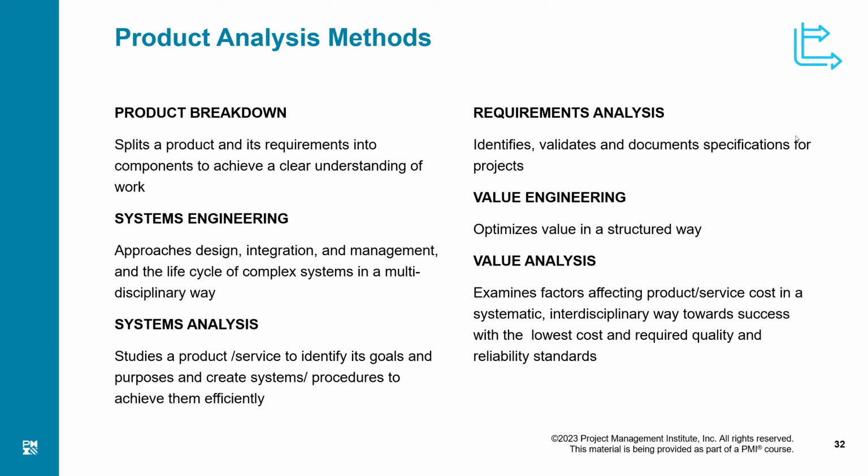You must have heard about the Prince 2 practitioner certification from UK. Just like PMP we have here in USA and all over the world, there is another certification which is equally important and equally famous, and that is called the Prince 2 practitioner certification.